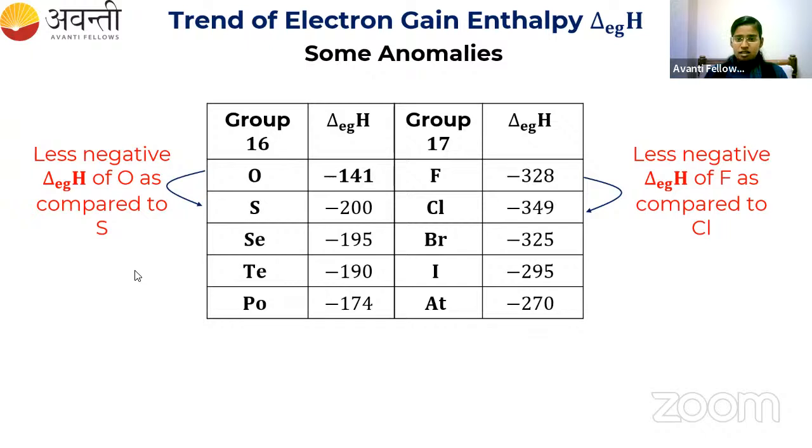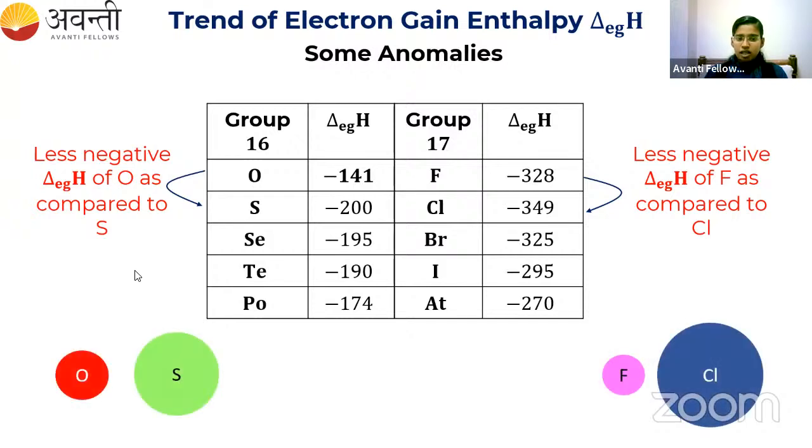What is the reason? The reason is the size factor. Oxygen and sulfur, if I compare, oxygen will have the smallest size. And if I compare fluorine and chlorine, fluorine will have the smallest size. Otherwise, Varalakshmi, you don't have to memorize the values.